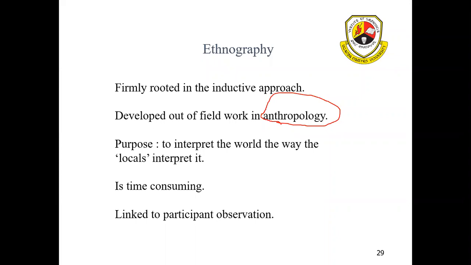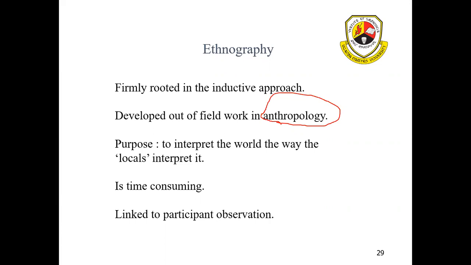When you decide to say, let me go and live with a certain community to understand their interpretation of life, their interpretation of what is happening. So it is really time consuming, but that was one of the research methods I used, because I sat with a community for about 2 years.